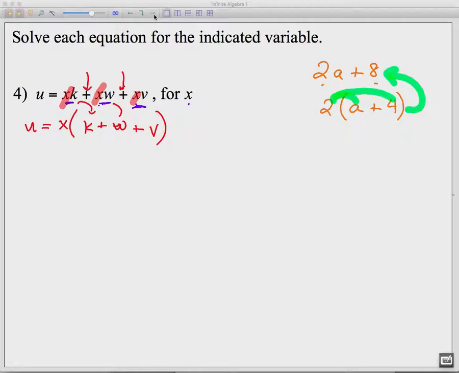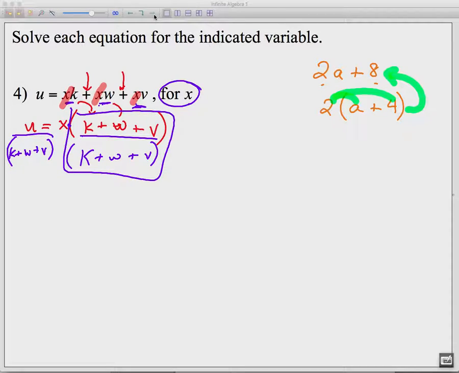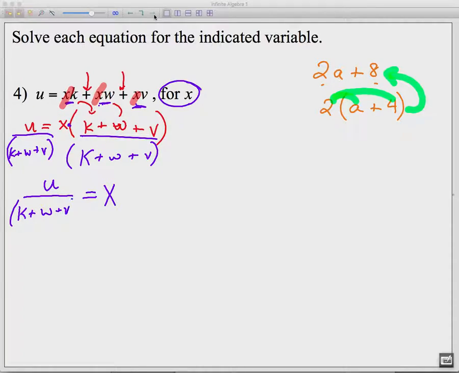And then now I have a multiplication problem here. I have x, which I'm trying to solve for, times all of this, the sum of k, w, and v, which now if I divide both sides by that same parenthesis, k plus w plus v, the result is that all of that will cancel, and I'll have x alone, and my variables on the other side are u divided by the sum of k, w, and v.